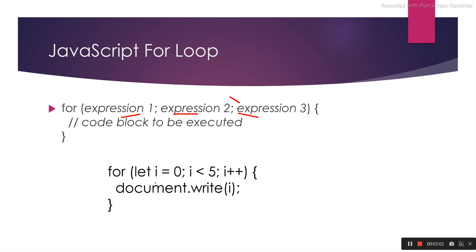First we have the initialization, then the terminating condition, and then the increment. Here I have a for loop running from i equal to 0 to 5, and the increment is i plus plus. So it prints the numbers 0 to 4, because it is less than 5, nothing else.